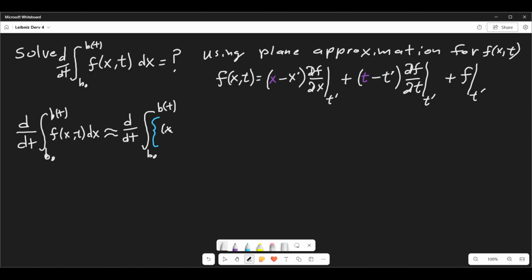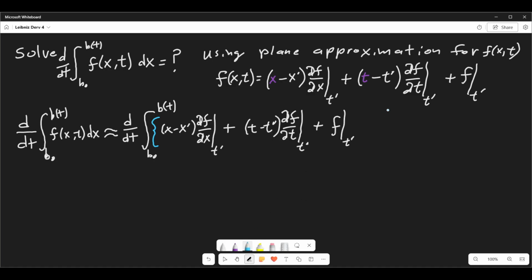So this is (x minus x prime) times the derivative of f with respect to x, which is a constant evaluated at t prime, plus (t minus t prime) times the derivative of f with respect to t, which is a constant evaluated at t prime, plus f evaluated at t prime, which is yet another constant. And then this is dx.